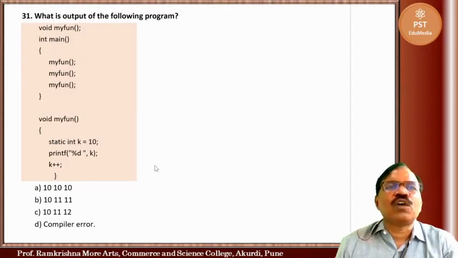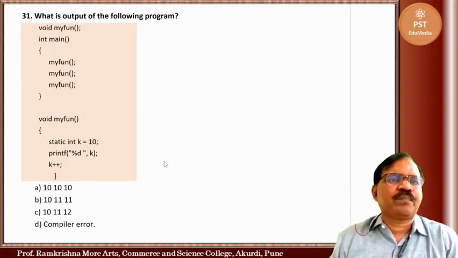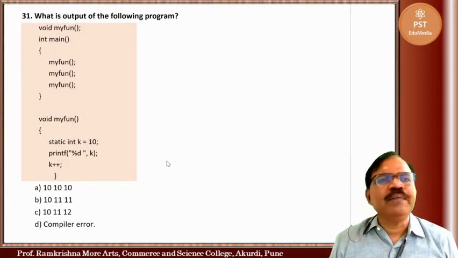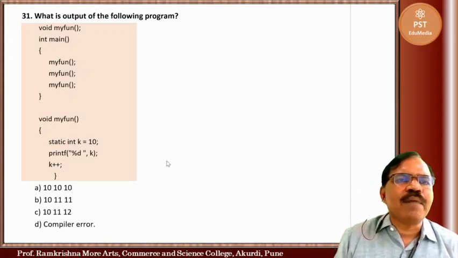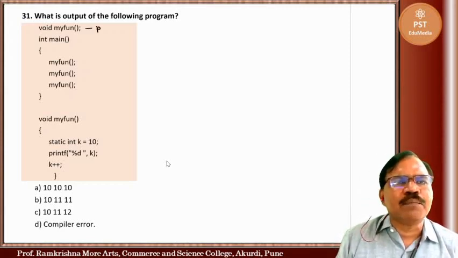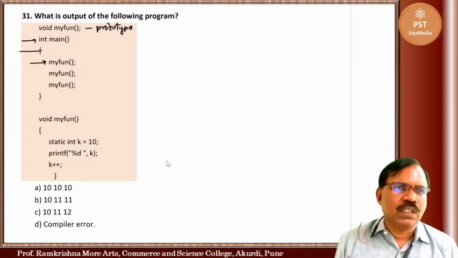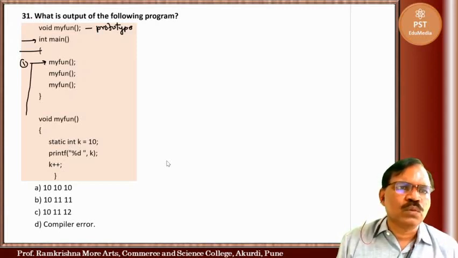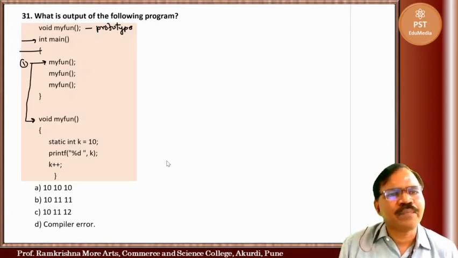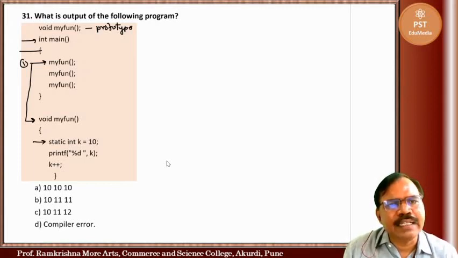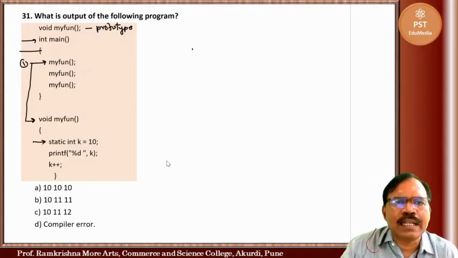What is output of the following program? Now see it carefully. Void my function, it is function prototype. We have defined function int main. Now enter in the main. So my function is called first. So it is first calling point. So it goes to my function, static int k equal to 10.